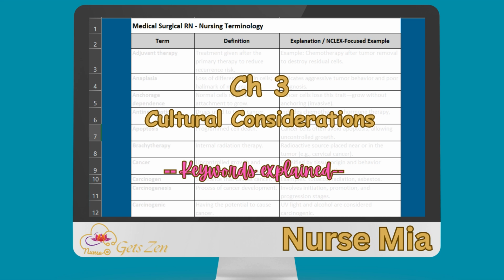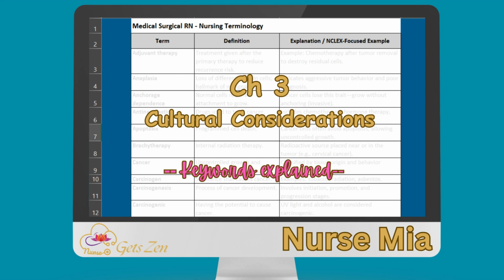I hope that will be very helpful for you to memorize and to understand why this chapter is important. They have a few keywords that are really important in medicine and for nurses, and that's why this chapter is taught in the beginning.